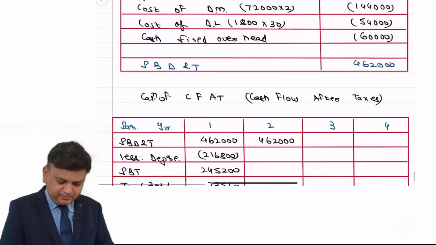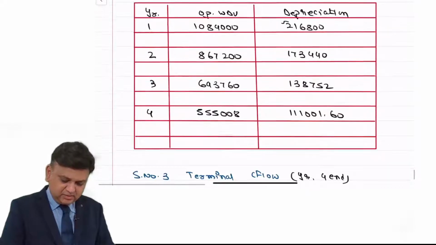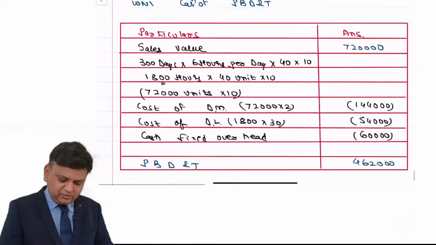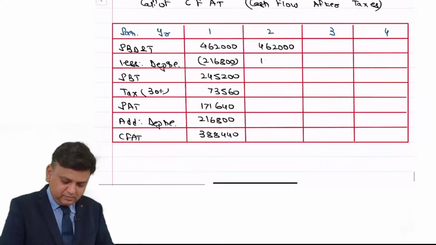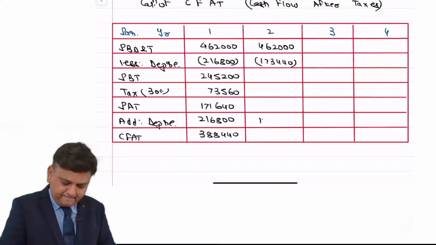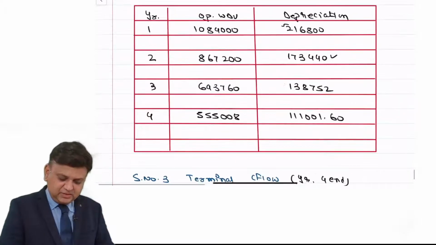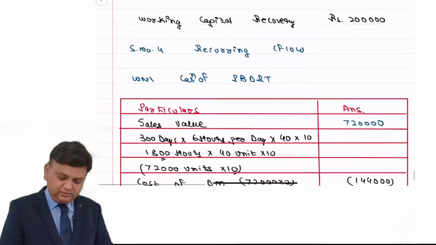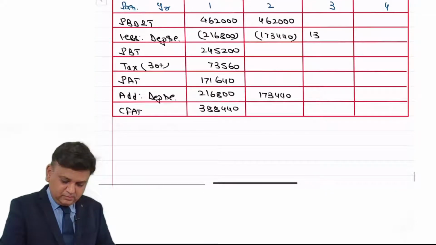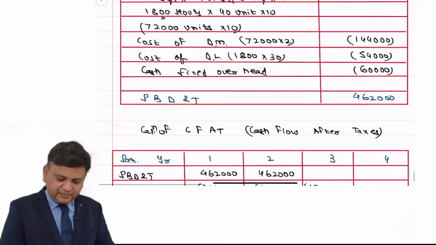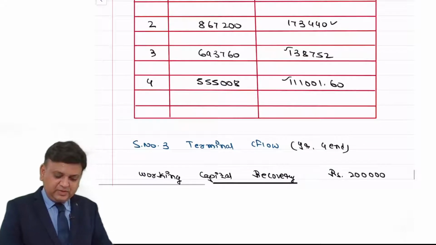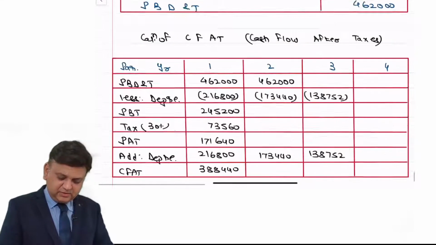Depreciation for the next years: 173440, next is 138752, next is 111,001.6.